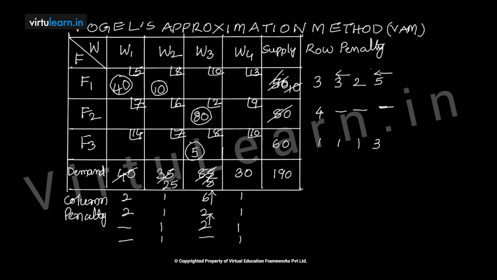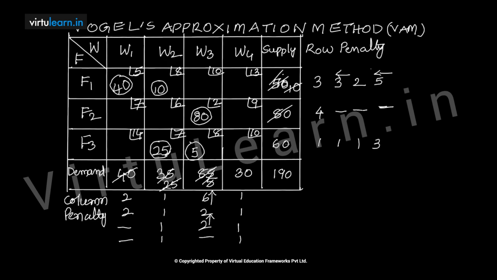Now we'll examine F3 row. The least one is 7. That would be our choice. 60 are available. So we require 25 units. We will make 25 units. So this 25 is also satisfied.